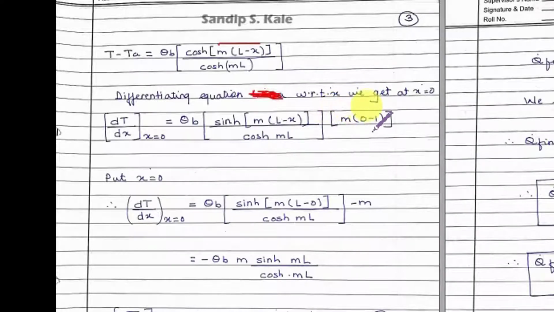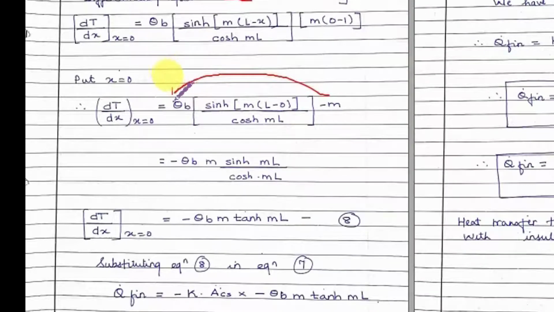So what you will get is minus m. This minus will go to this side. Clear? So dT by dx at x equal to 0, what do you get? Minus theta b multiplied by m in bracket sinh mL divided by cosh mL.